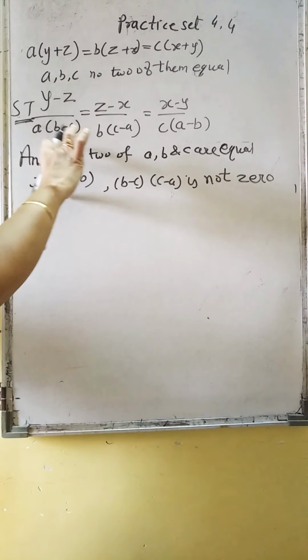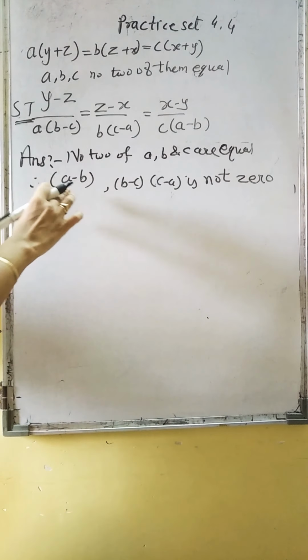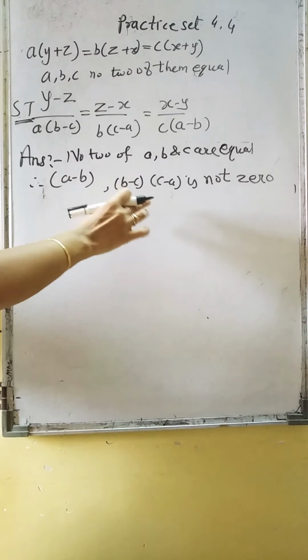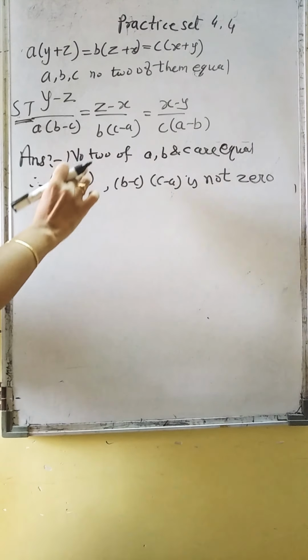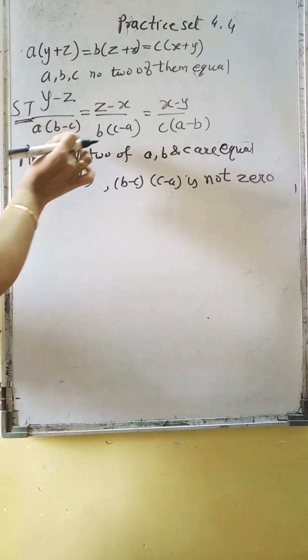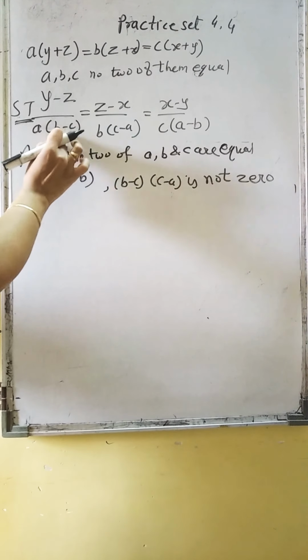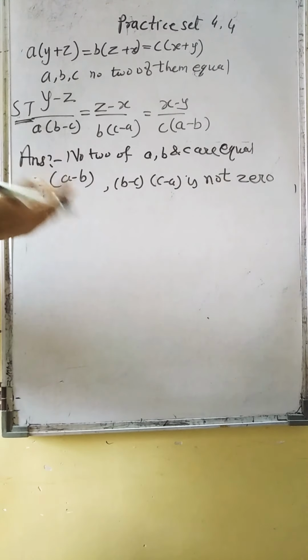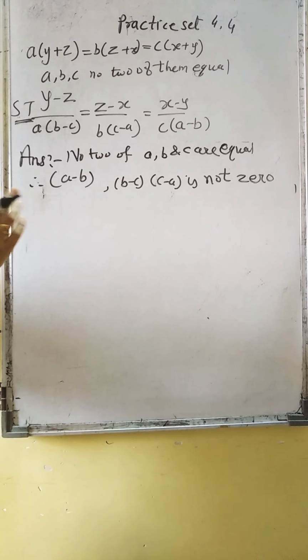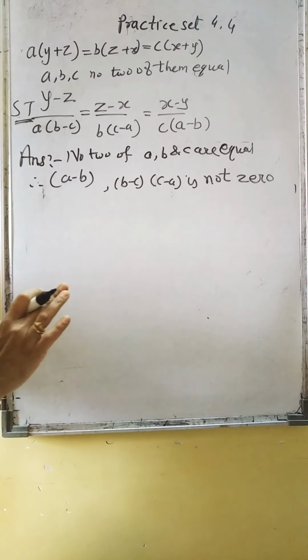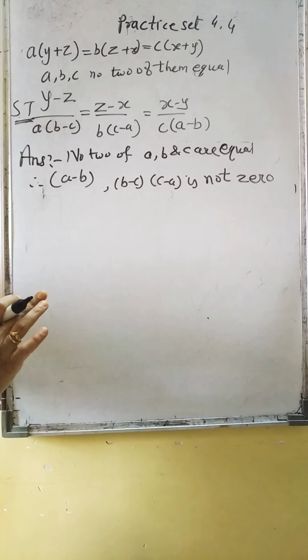Okay, this is what you should understand, that we can divide by this, no problem. See, a minus b is there, b minus c is there, c minus a is there, and they are in the denominator. Whatever things are in the denominator, we have to be sure that they are non-zero. So we have confirmed that. Clear?